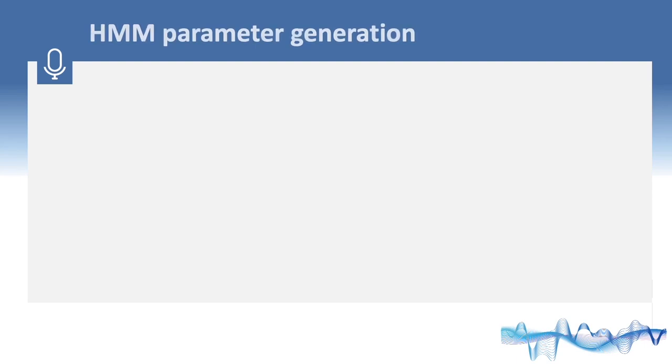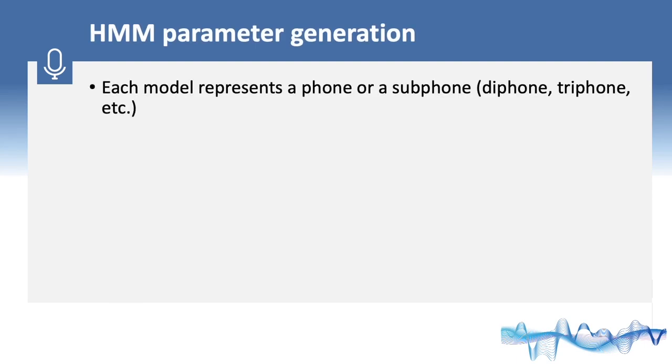It is usually necessary to convert the text into pronunciation units first, and the smallest units are called phonemes. Each model represents a phone or a subphone, diphone, triphone, and so on.